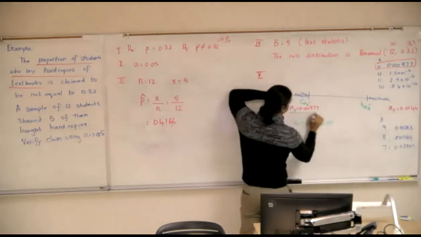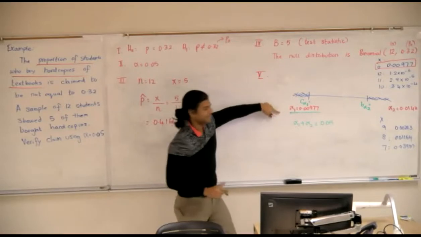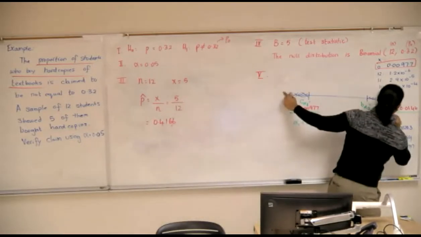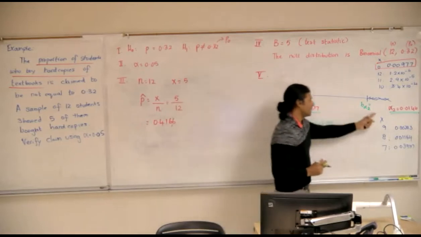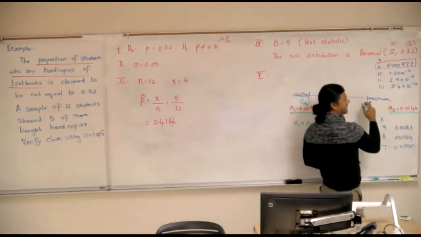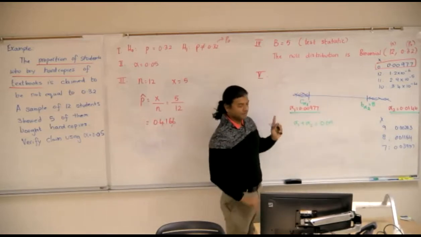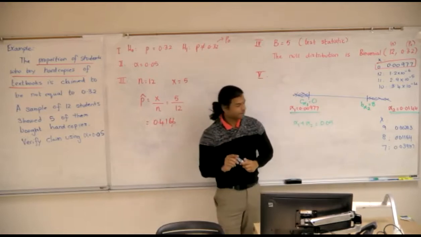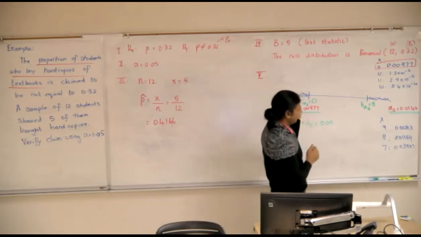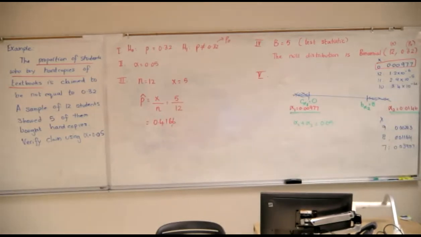We achieved an alpha 1 of 0.00977, alpha 2 of 0.0144. That value came about by adding all the way up to 8. This one is just 0 because in binomial, we can't go below 0. So the rejection region is over here and over there.